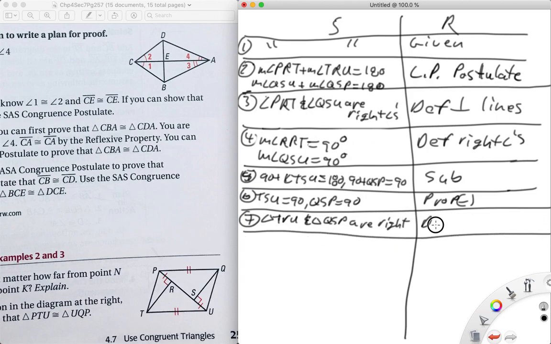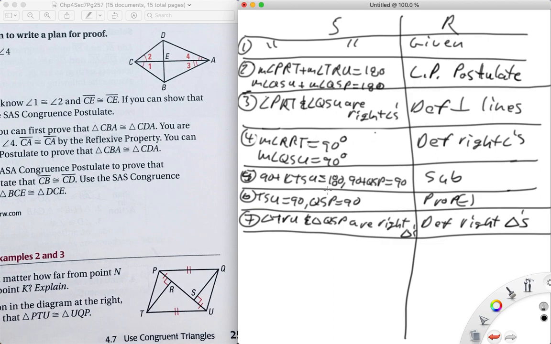Definition of right triangles. And the reason I have to say they're right triangles is so I can use hypotenuse leg. Alright, that's just step 1. So we just established that these two guys are right triangles.